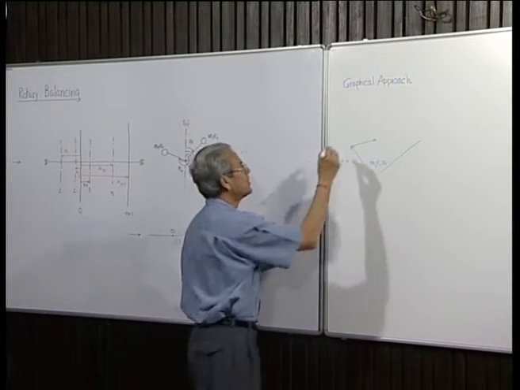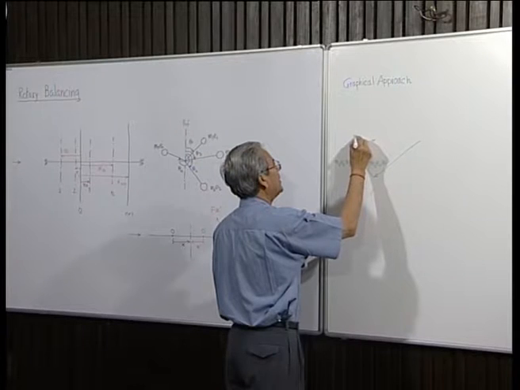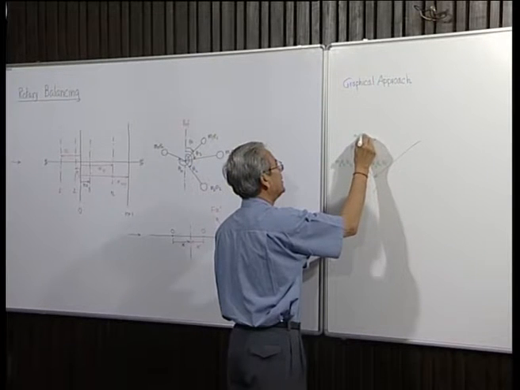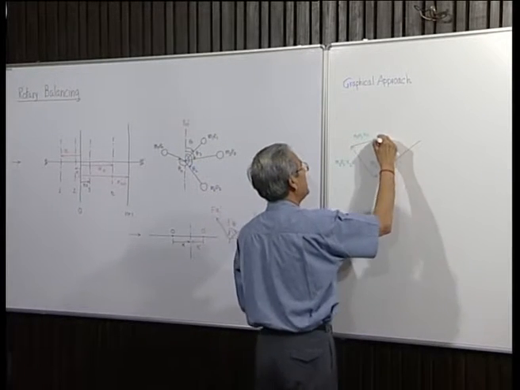So this becomes M3 E3 x3, and similarly we keep on going.